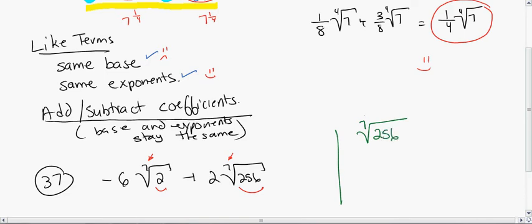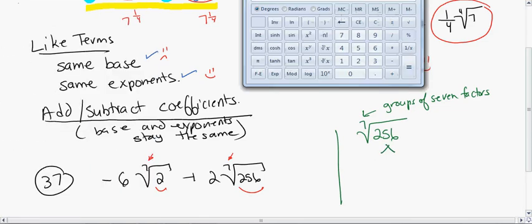With a 7th root, I'm looking for groups of 7 factors, a group of numbers that are all the same. When you multiply them together, you get 256. Let's start breaking down 256. We'll pull out a calculator. Usually 2 is a pretty great number to divide into something even.